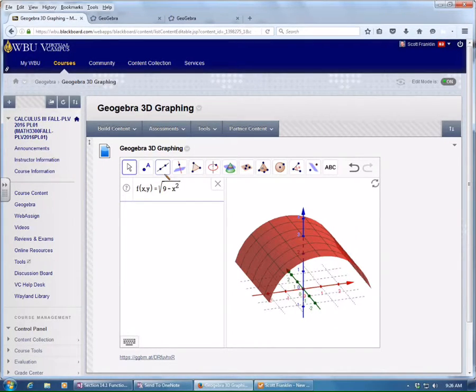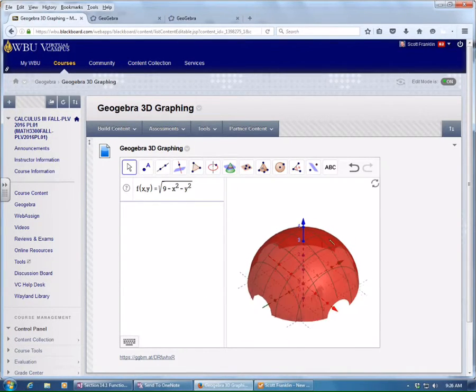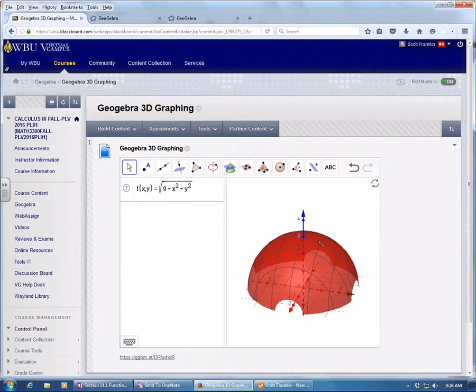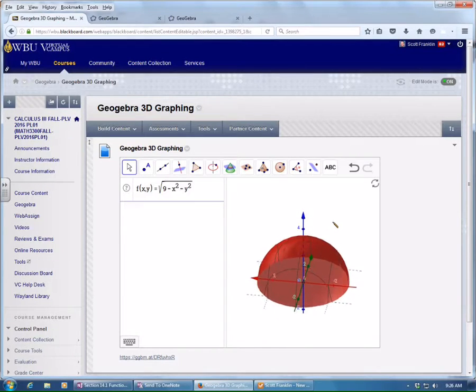Right arrow to get back down on the baseline, minus y squared. Now, I can roll my mouse a little bit to zoom out. If you just hit enter when you're done, that's the shape you should see.